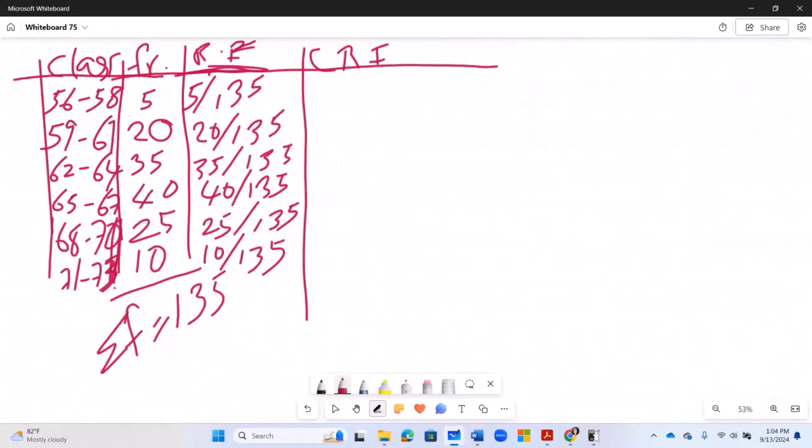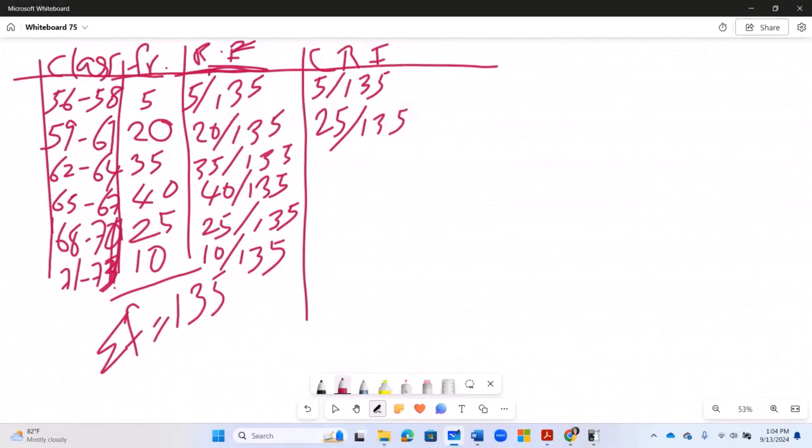So the cumulative relative frequency of the first class is 5 out of 135. The cumulative relative frequency of the second class is the relative frequency of the second class plus the one above. So 20 plus 5 is 25. So that is 25 over 135.